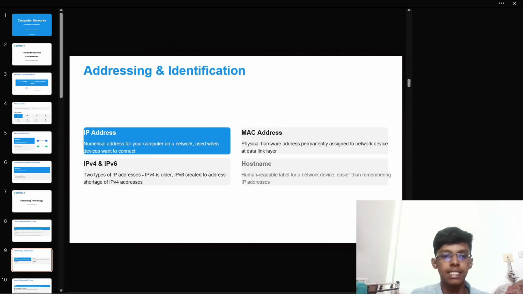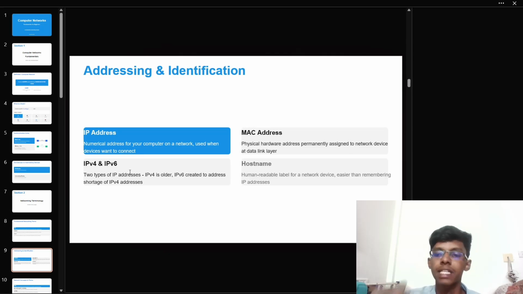Next is MAC address, a physical hardware address permanently assigned to a network device at the data link layer. So what is a MAC address? This is a physical hardware address. The IP address we saw before is a software-based address. Here it is a physical hardware address.